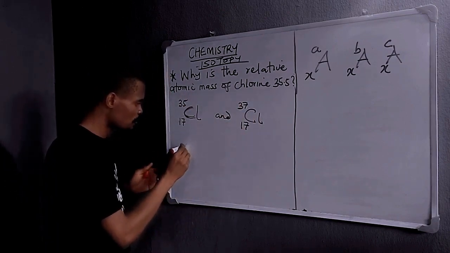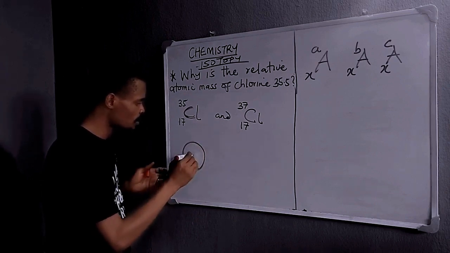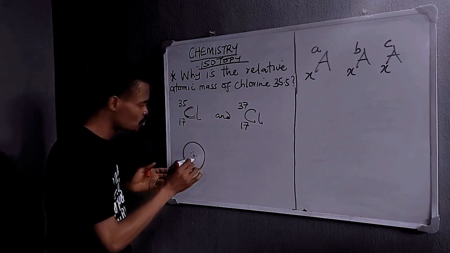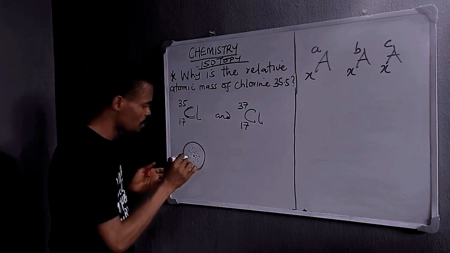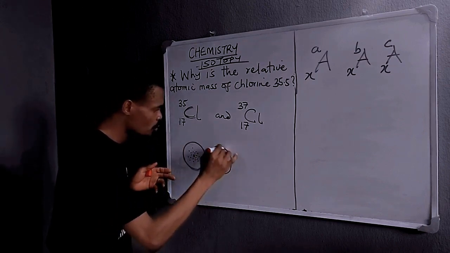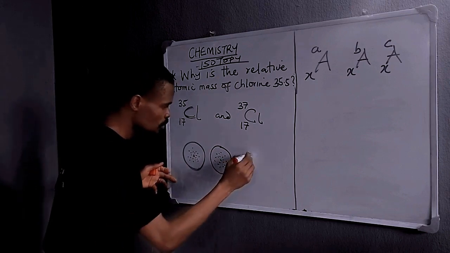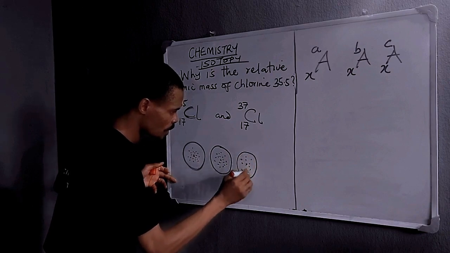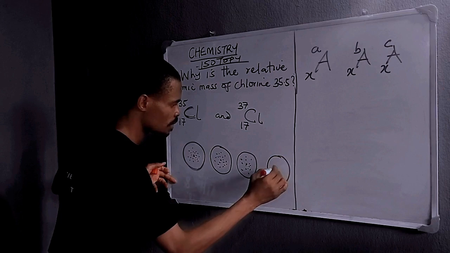If we consider the atom, it has the center, the nucleus, with the protons and the neutrons, surrounded by electrons. So let's assume this is chlorine 35. We have three portions of it, and just one portion of chlorine 37.